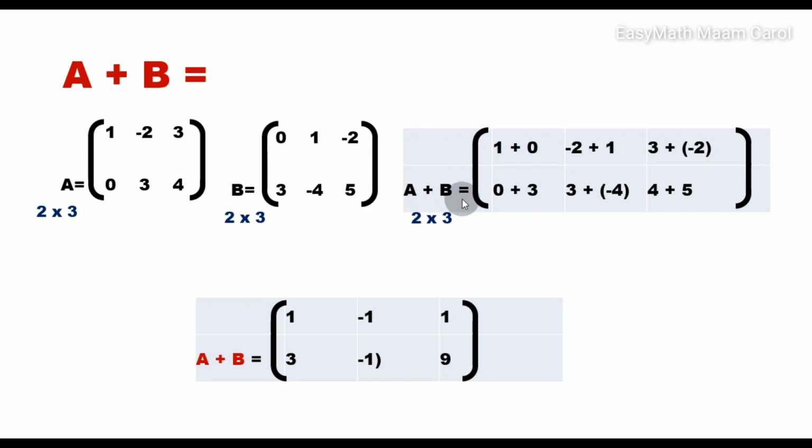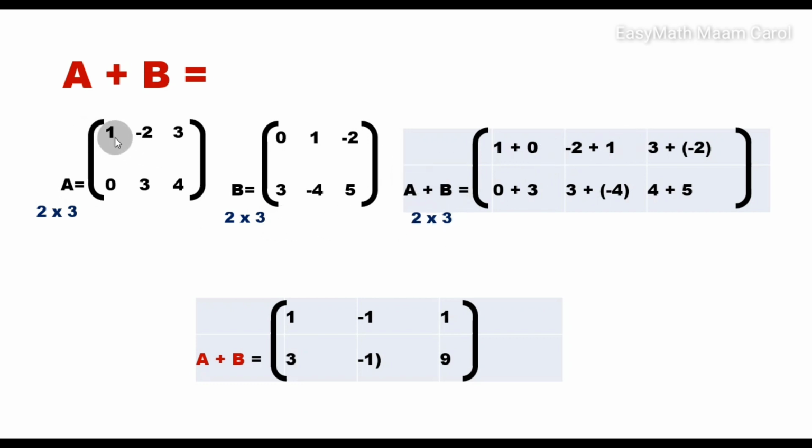Tapos, ganito lang kasimple yung A plus B. Mapapansin mo, pwede siyang i-add kasi they have exactly the same dimension. So, yung kanina na C na 3 by 4, tatandaan nyo to ha, yung A na 2 by 3, hindi pwede nating i-add doon sa C dahil magkaiba sila ng dimension. Only matrices with the same dimension can be added. Kaya yung A plus B lang yung pwede.